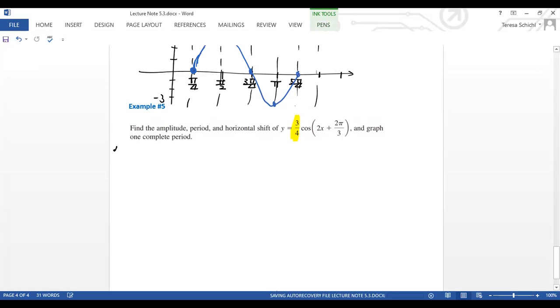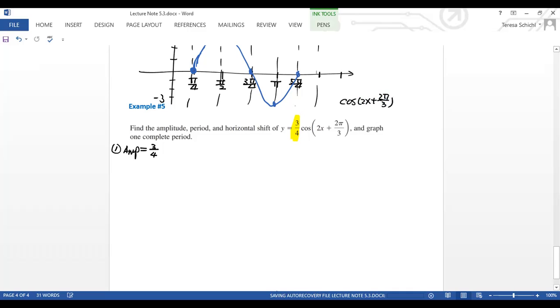That means my amplitude is equal to 3/4. All right, be careful: inside the cosine, this is 2x plus 2 pi over 3. So we need to change it into the form we talked about. So let me write here: cosine of 2x plus 2 pi over 3.